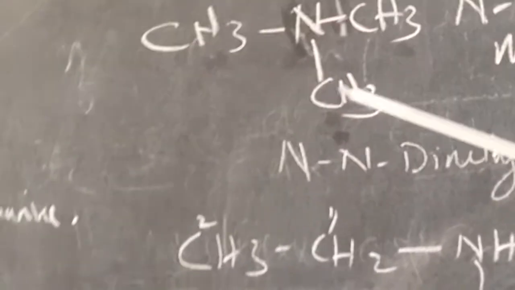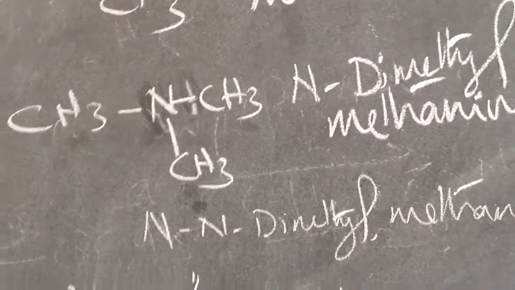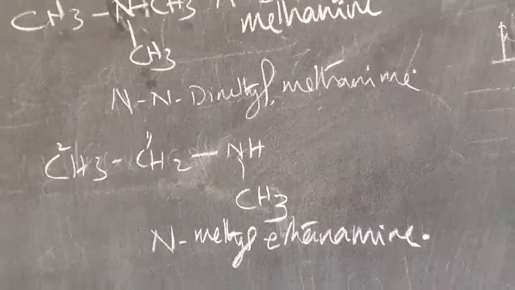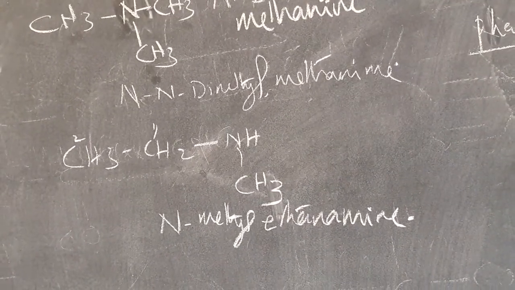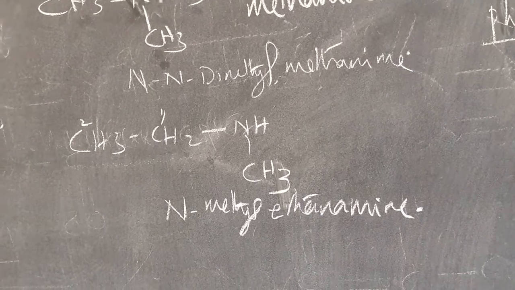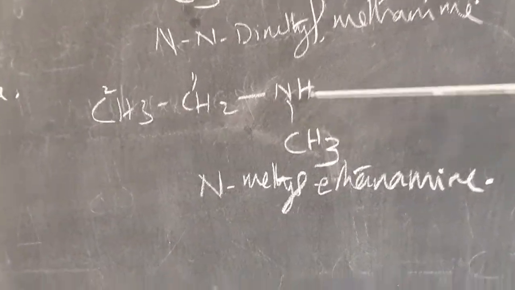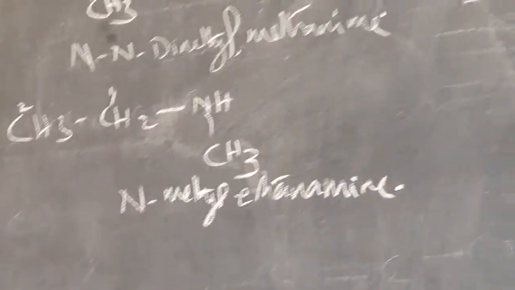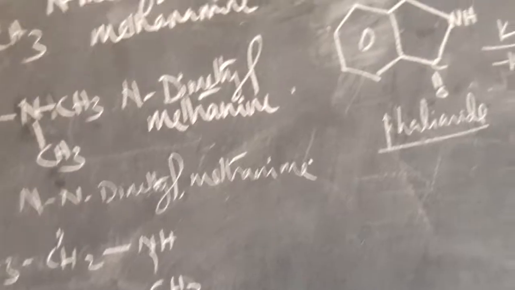Similarly, trimethyl ammonia is N,N-dimethyl methanamine. For the last one, the longest carbon chain is 2, so it is an ethanamine, but with a methyl on nitrogen, that is N-methyl ethanamine. Like this you have to mention the nomenclature.